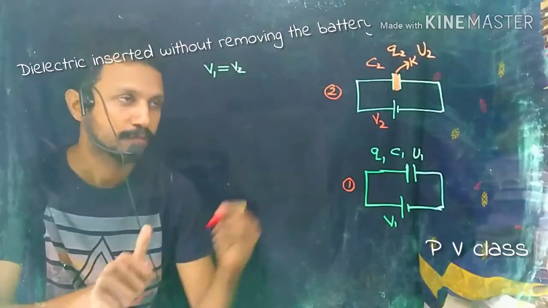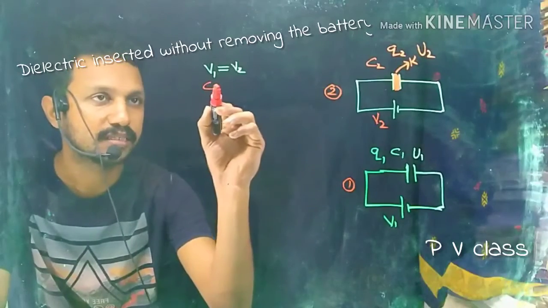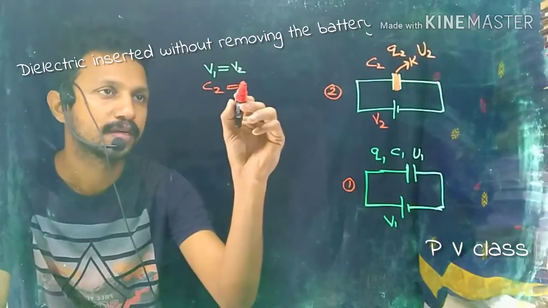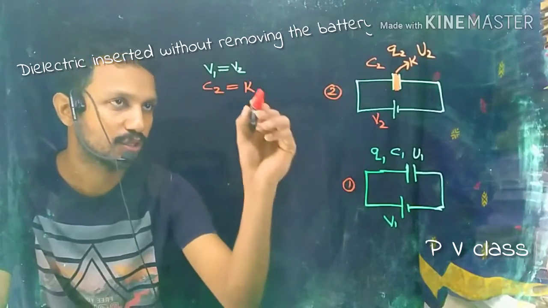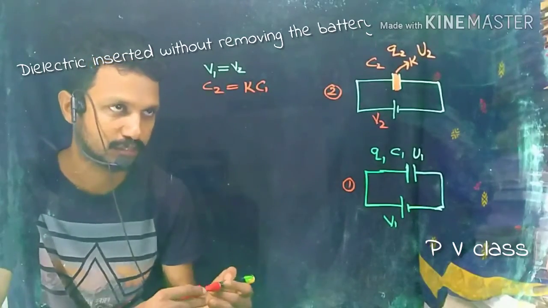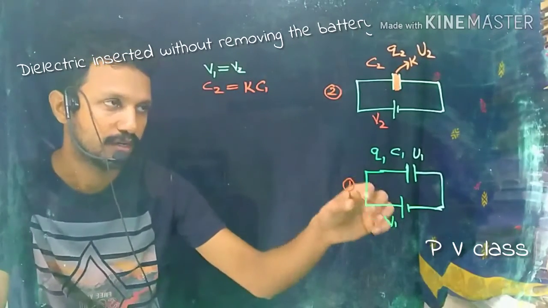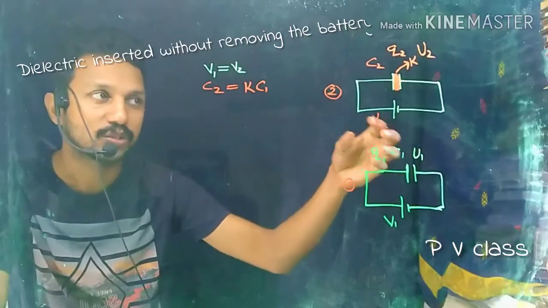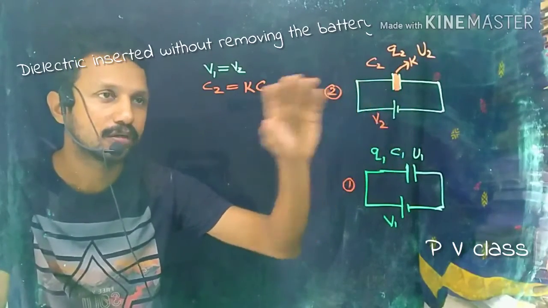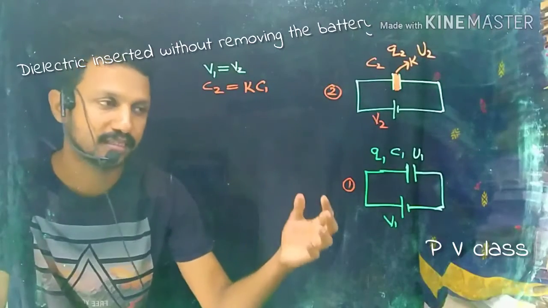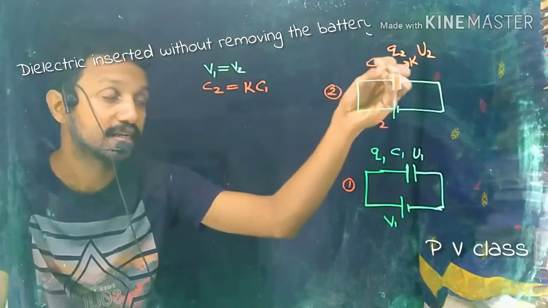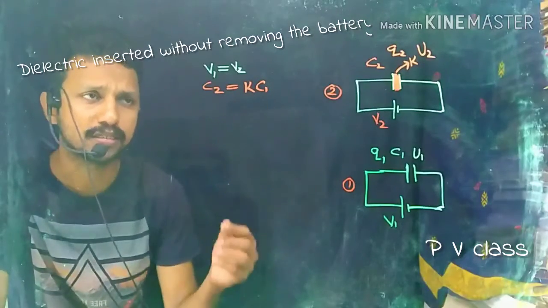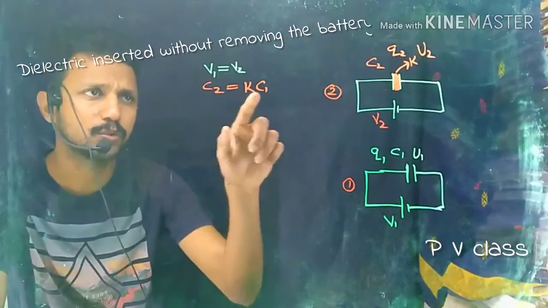Therefore, the final capacitance C2 will be K times the initial capacitance. Whether we keep or remove the battery does not matter for this. Therefore, C2 is equal to KC1.